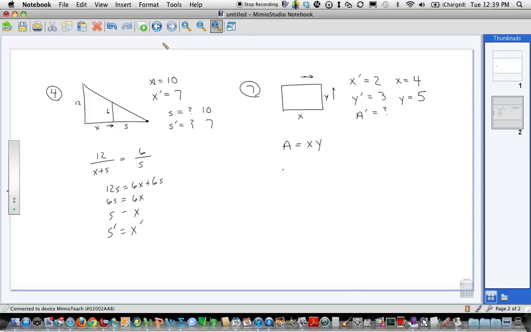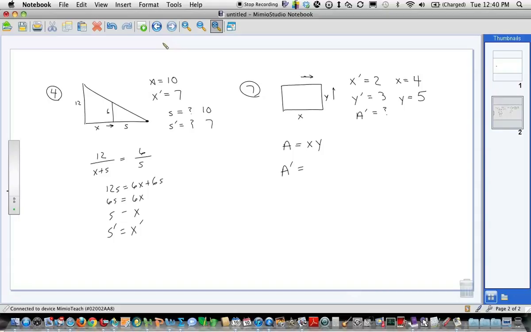But the thing that most people messed up on here is when you do this derivative, you have to do the product rule. You're doing the derivative with respect to t, which is like the gateway test. However, in the gateway test, we were doing it with respect to x, so we never had any x primes in those problems. But here we will have an x prime, because we're doing it with respect to t.